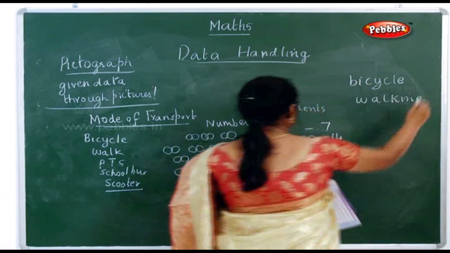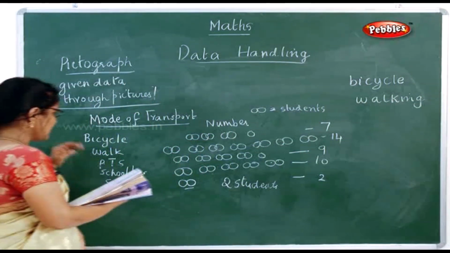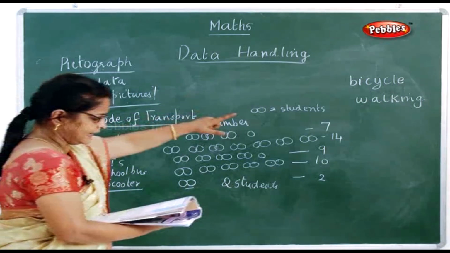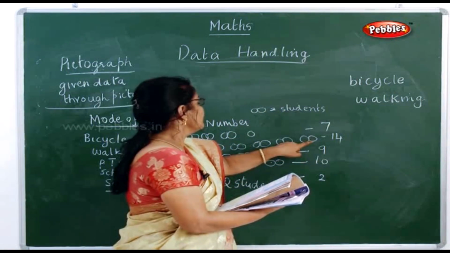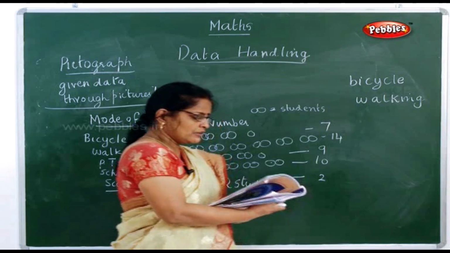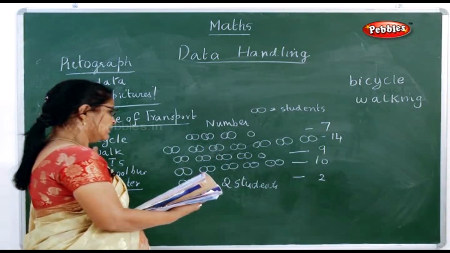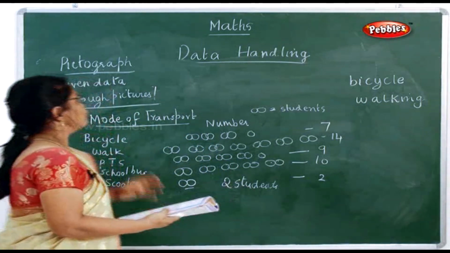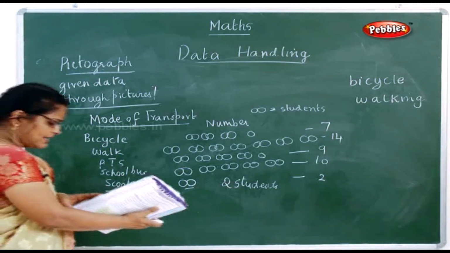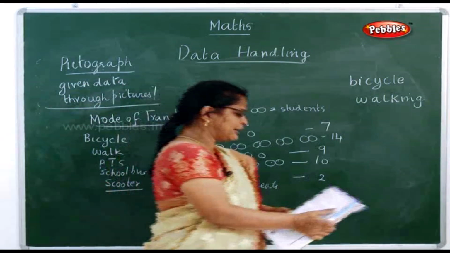Is it clear now? Last question, the number of students who come by bicycle will be half the number of the students who come by walking. So this is how you have to write the answer from the pictograph.